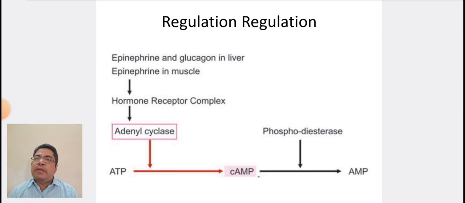In this diagram, we can see epinephrine and glucagon in the liver and epinephrine in the muscle trigger the hormone receptor complex, which stimulates adenylyl cyclase. Adenylyl cyclase converts ATP to cAMP. On the other hand, cyclic AMP is converted to 5' AMP with the help of the enzyme phosphodiesterase.